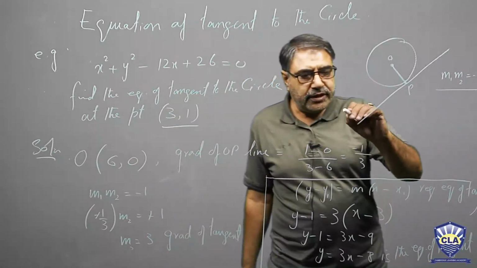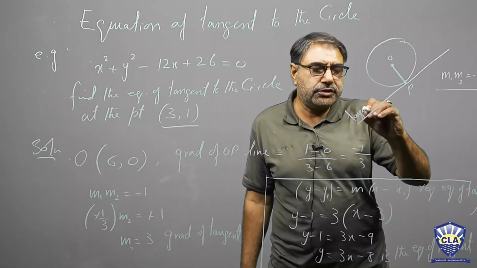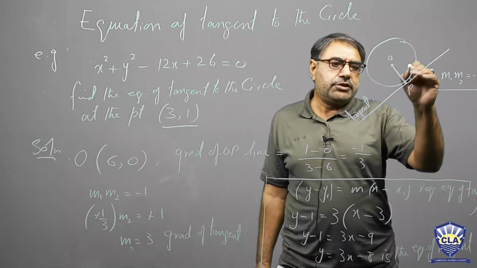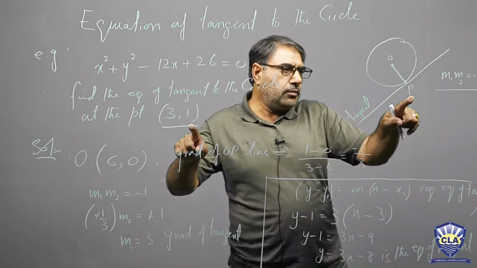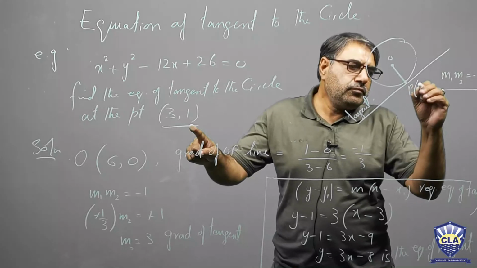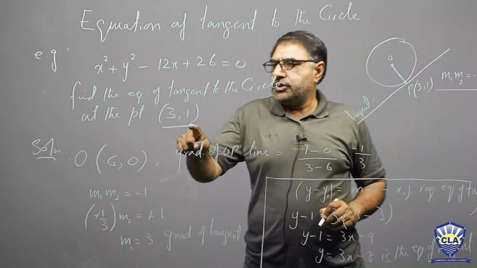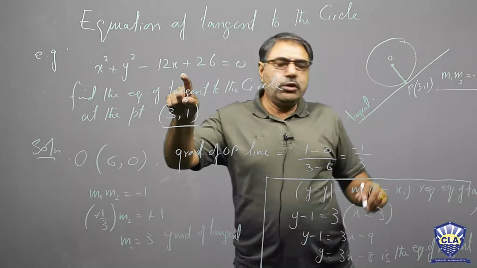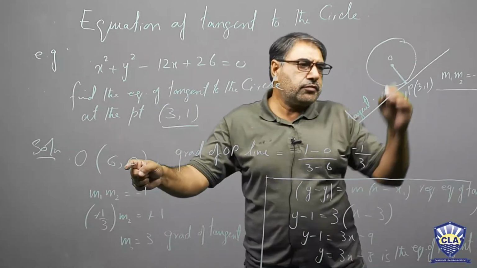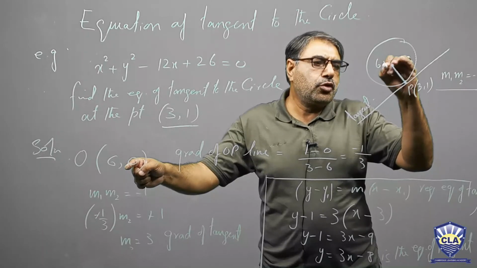Tangent is a line touching the circle at one point. This point is given in the question, 3, 1. With the help of this equation of circle given to you, the coordinates of center are 6, 0.